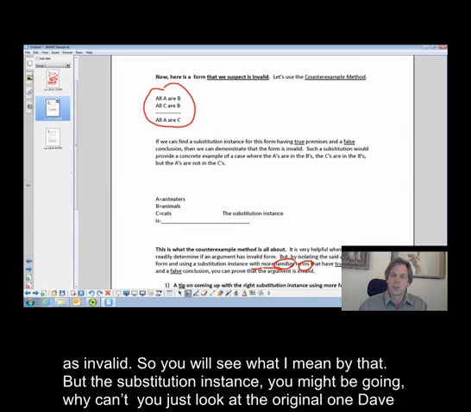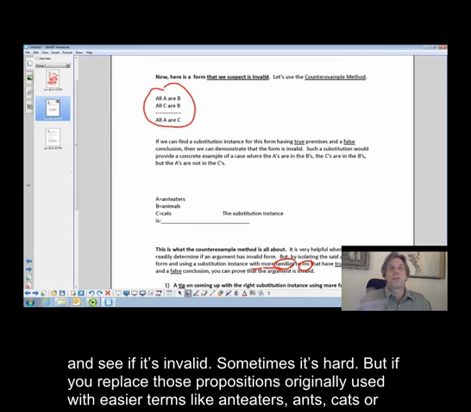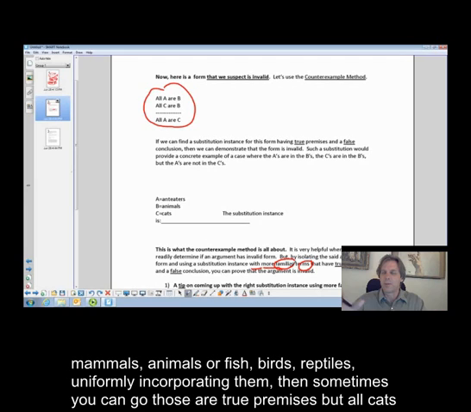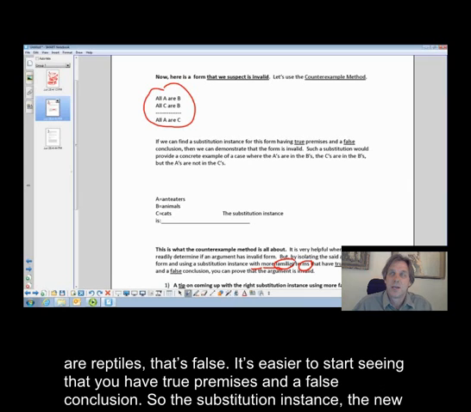But with the substitution instance, you might be going, why can't you just look at the original one, Dave, and see if it's invalid? Sometimes it's hard. But if you replace those propositions originally used with easier terms like anteaters, ants, cats, or mammals, animals, or fish, birds, reptiles, uniformly incorporating them, then sometimes you can go, those are true premises, but all cats are reptiles.